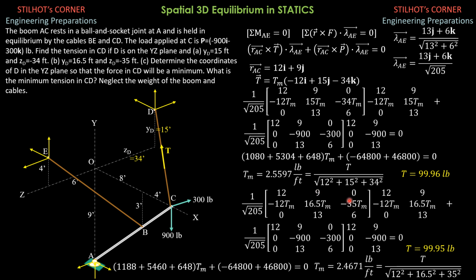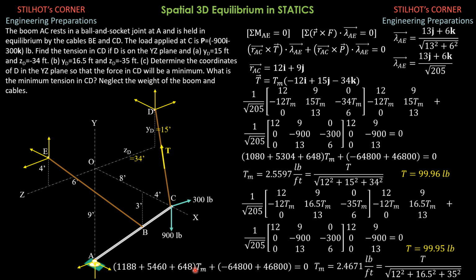Then 9, that's 0, that's another 0. Then this is positive 13 times negative 35 times 12, that's positive 5,460. The negative of quantity 6 times negative 12 times 9, that's another positive product, 648.